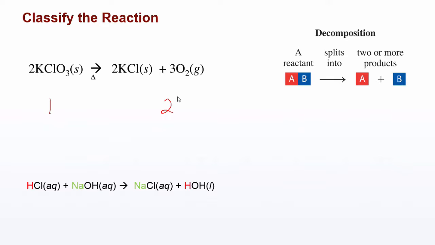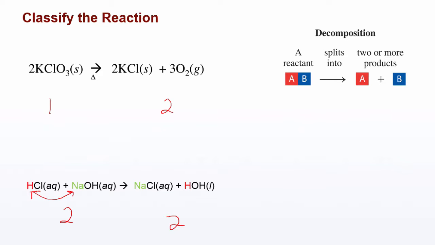Now let's look at this next one. We've got two reactants. We've got two products. Is there any switching of places or replacing going on here? So if you look, the hydrogen and the sodium are switching places.